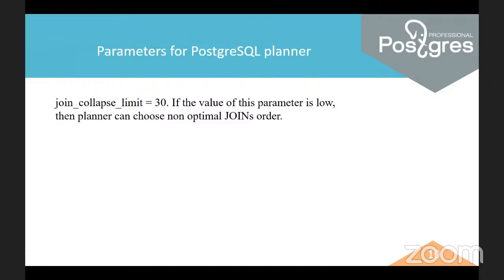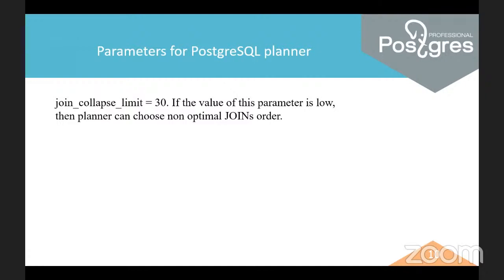However, if you have ever looked into the Postgres execution plan, which is a way Postgres will execute your query, you can see that your order may differ from its order. And there is a reason, because Postgres is trying to find the best way to join our data sets. For example, suppose we have an employees table and we have employee statistics with salaries. What is the best join order?